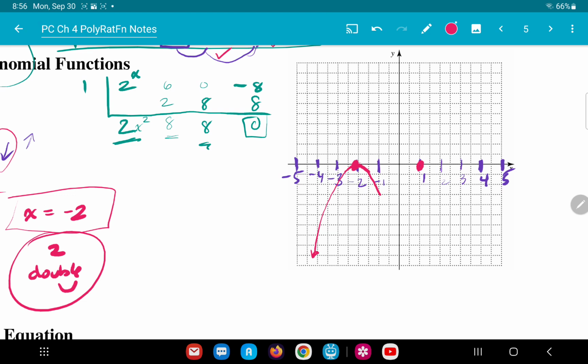Keep in mind, if you remember from the last video, we talked about distance-wise from 0 to 0. This has a distance of 2 versus this has a distance of 1. So you really want to be aware of what's going on. Most likely it doesn't have a y-intercept be a minimum value.